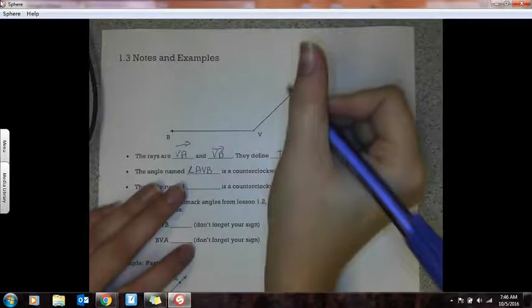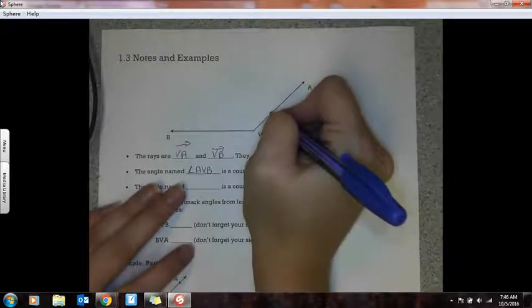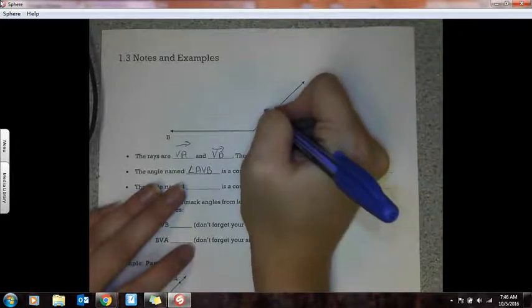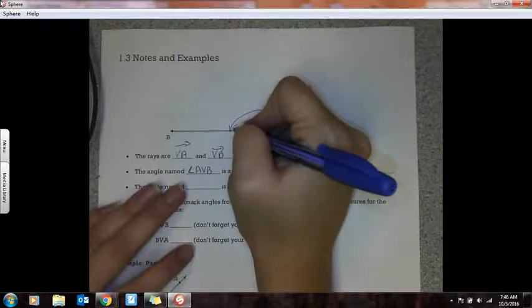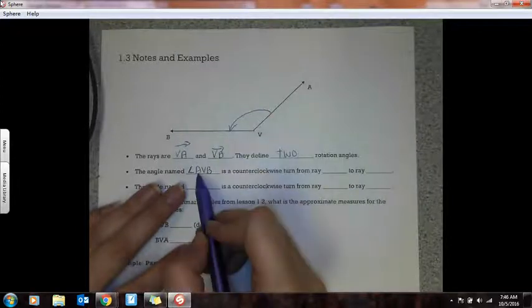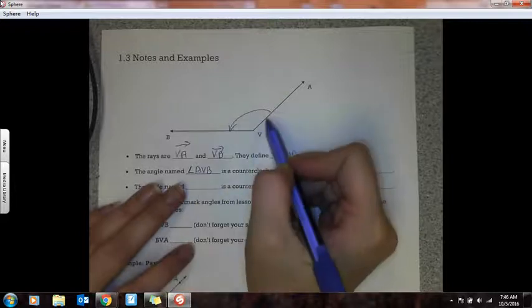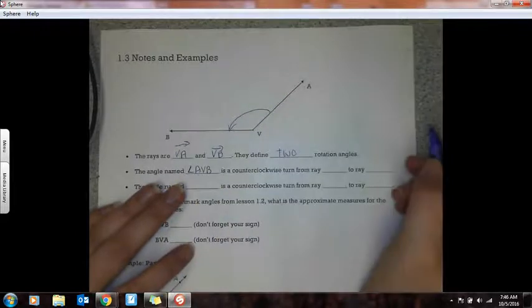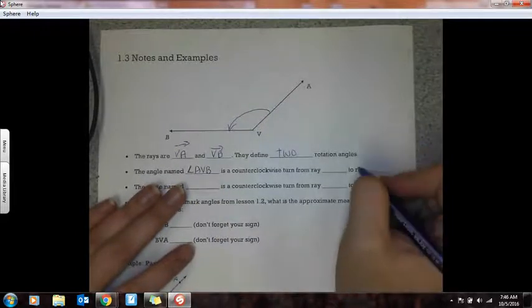So we start at the ray with the A and end on the ray with the B. It is a counterclockwise turn from ray VA, like I just said, starting on this ray to ray VB, ending on this ray.